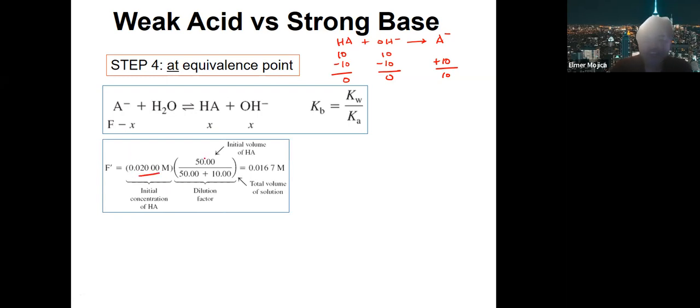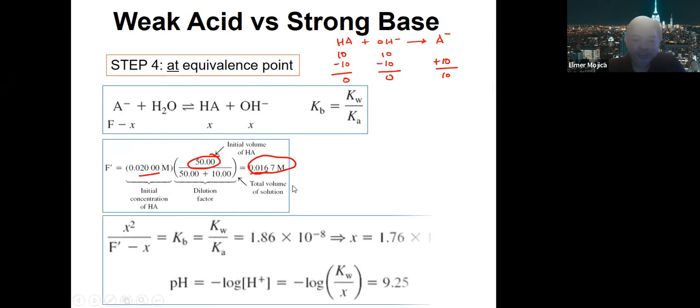So if we're going to look at the numbers, this is the initial concentration of your weak acid. This is the initial volume of your acid over the total volume, which is just 50 plus 10. And you have here the total volume of the solution. And here, that is the moles of your A minus.